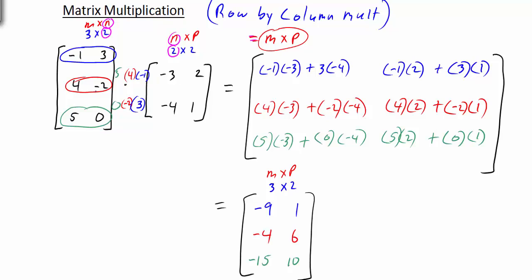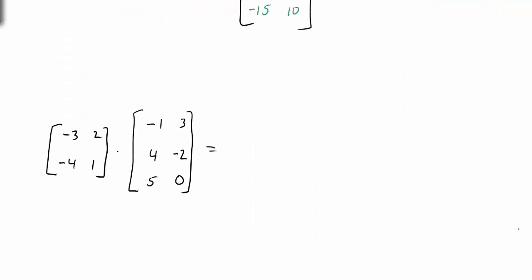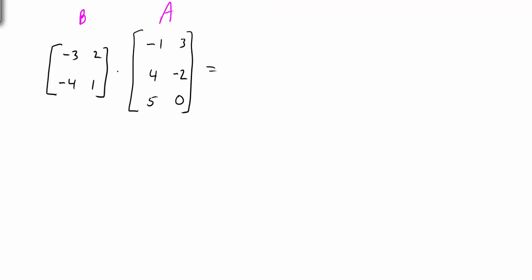Now, what if we switched the order? So for example, if this was matrix A and this over here was matrix B, then here's the answer, A times B. But what if we switch the order? Down here, what happens if I try to multiply B times A? Well, first of all, does the number of rows match with the number of columns?